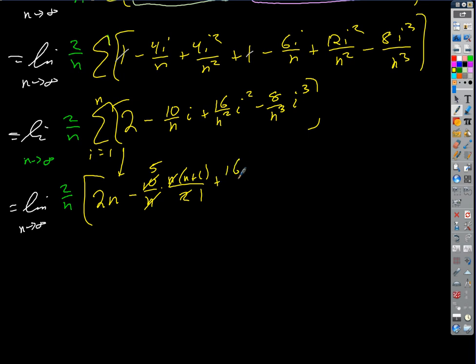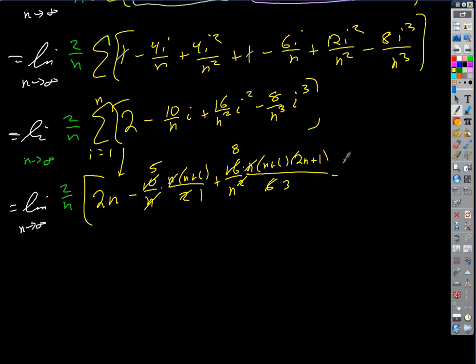Plus 16 over n squared. What's the sum of i squared? n times n plus 1 times 2n plus 1, good, all over 6. So we could cancel an n, and then that becomes 8/3, so that's a little better.